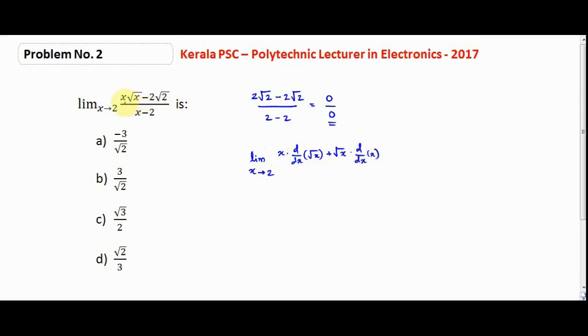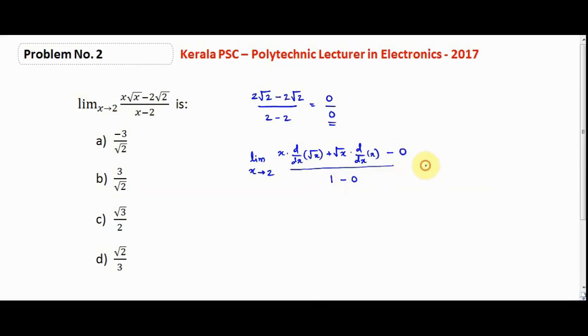That will be the differentiated version of the first term in the numerator. Then here we have a constant, so we will have minus 0 here, divided by, when you differentiate denominator term, what you get is 1 minus 0.